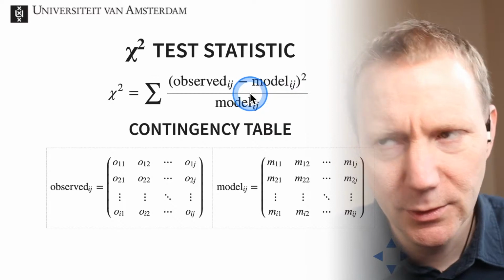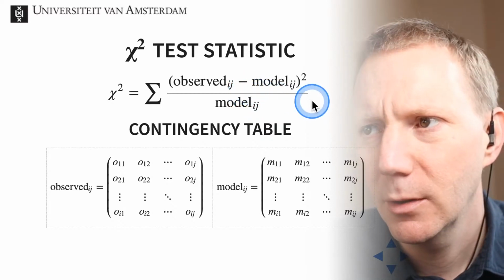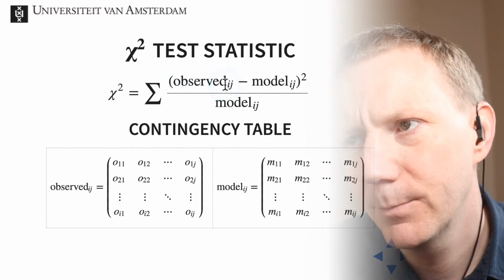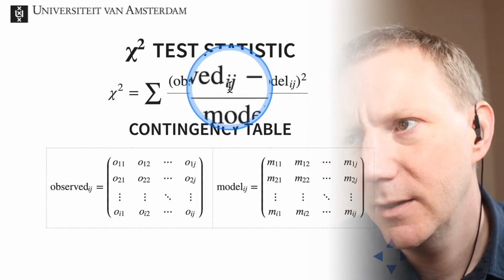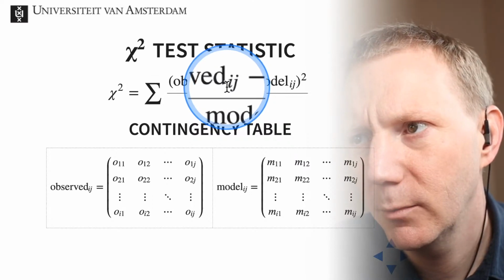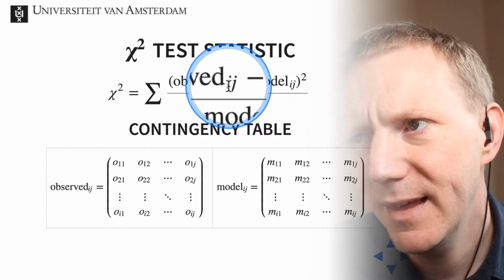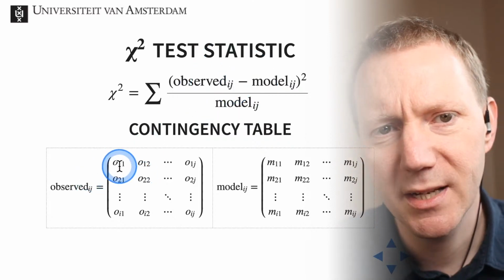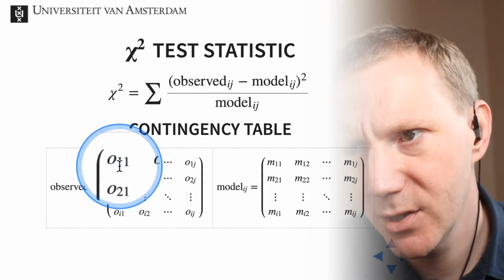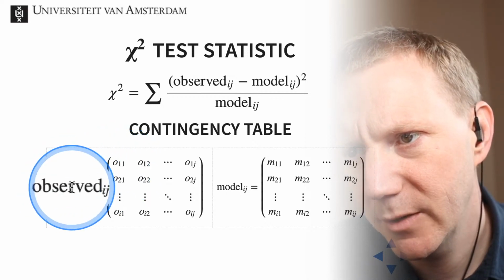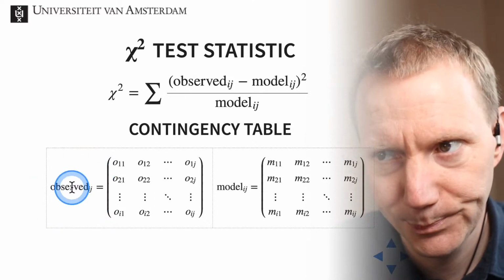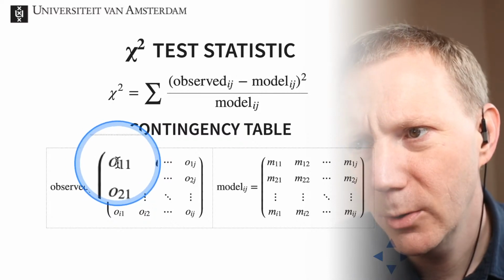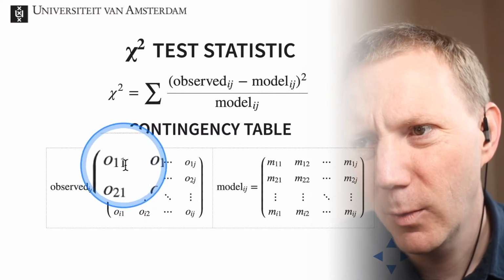We have to look a little bit closer at what is stated here. We have the observed values, and you see that it's subscripted with an i and a j, and that i and j refer to the matrix that you're looking at. For example, this is the matrix of observed values, where I stated that we have O's for observed, and we have 1, 1.